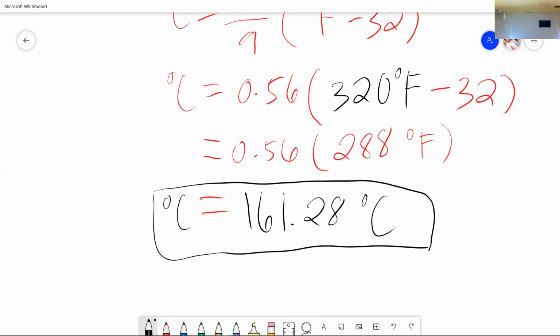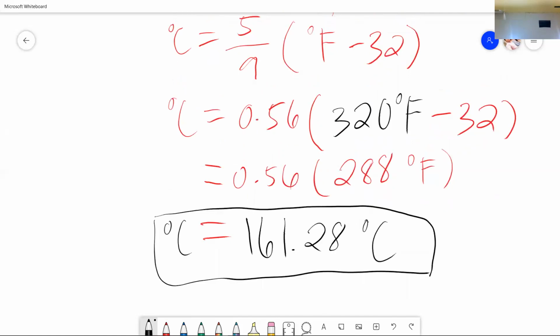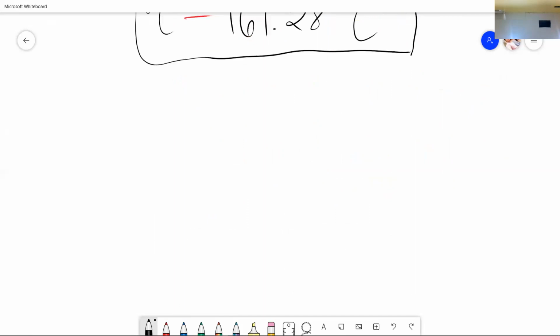So from the equation, 5 over 9 minus 32. So let's try if we're going from degrees Celsius to Fahrenheit. So the equation is different. So degree Fahrenheit is equal to 9 over 5.